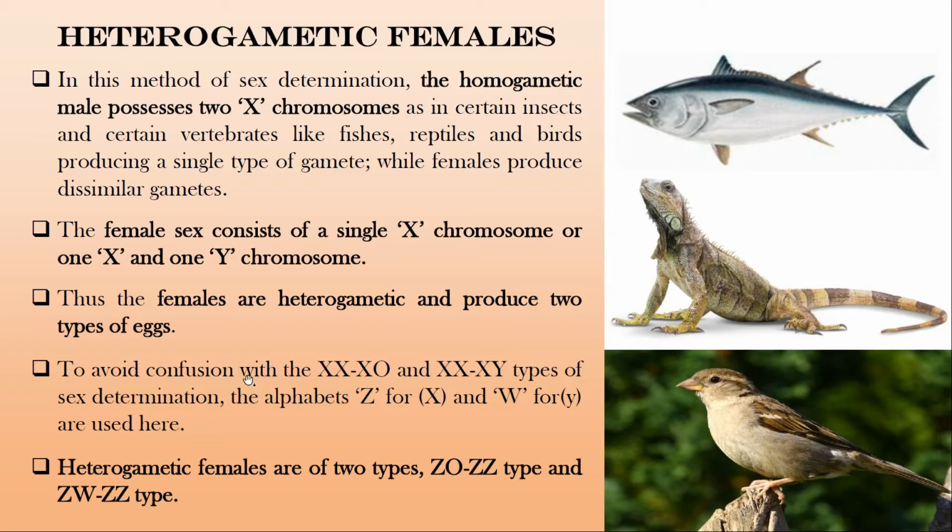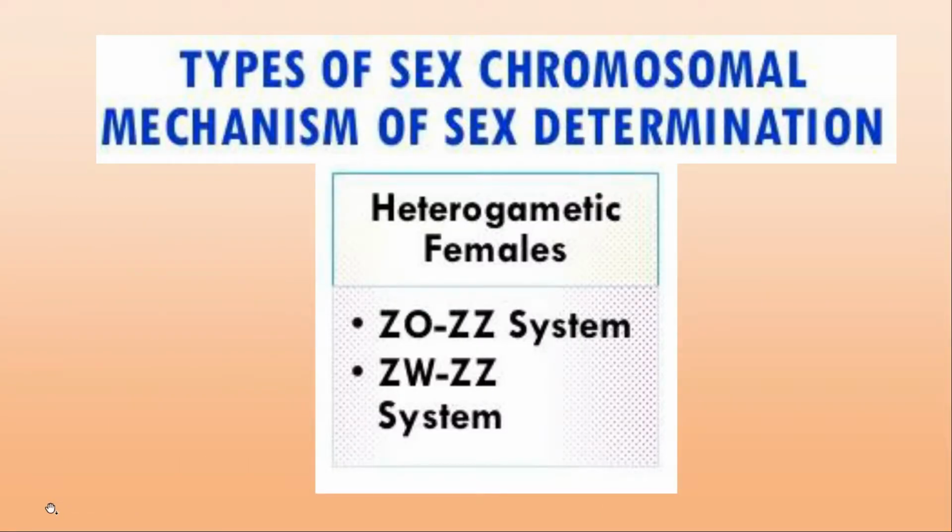To avoid this confusion, the XX-XO and XX-XY types are changed with the alphabet Z for X and W for Y. So heterogametic females are of two types, ZO-ZZ type or ZW-ZZ type.